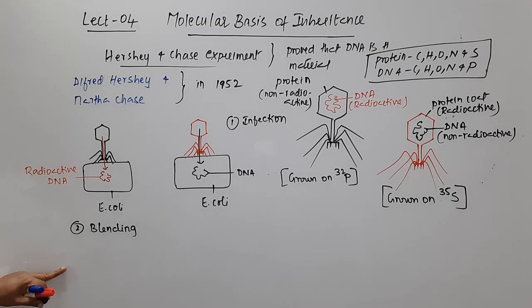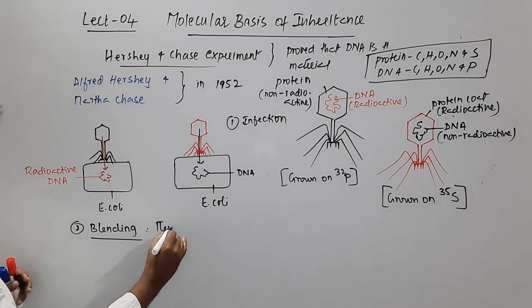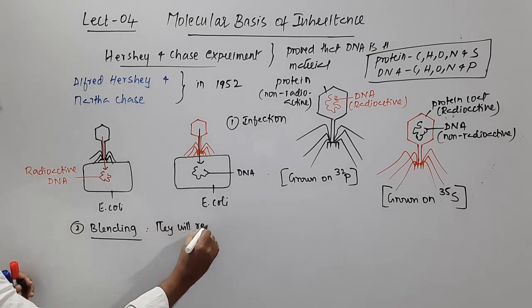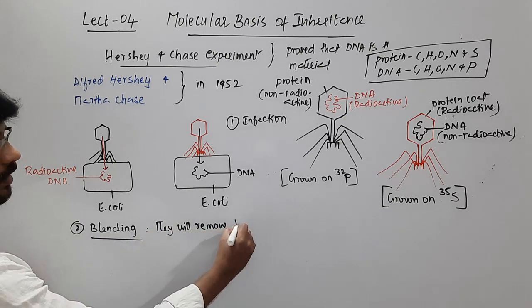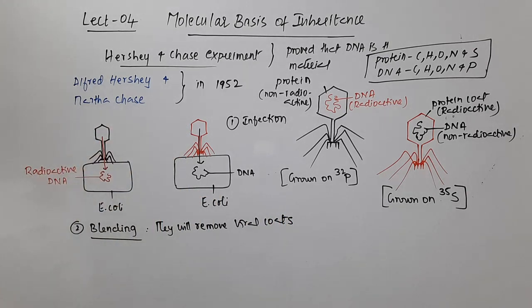In blending, they are going to remove the viral coats from the bacteria by agitating them in a blender. So these are the viral coats.